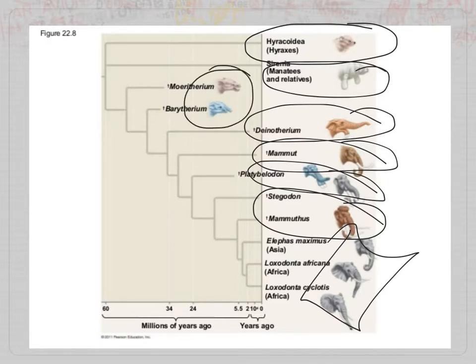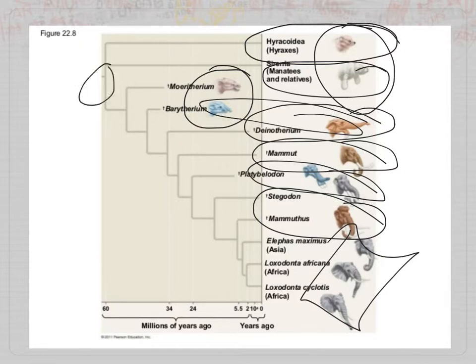Here, these 2 would have been more closely related than those, or these. But this would have shared a common ancestor with this Moeritherium. And then all the way back here is where the very common ancestor would have been. We'll do a lot of these and go through them, so if you don't understand it right away, that's okay. But just know that here's the common ancestor, and then everything branches out from there.